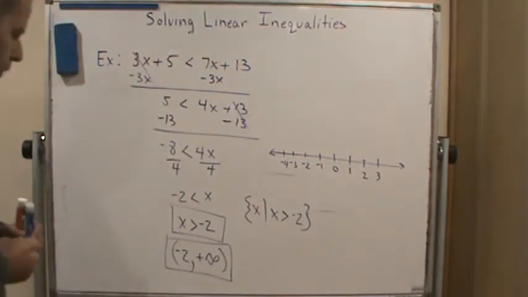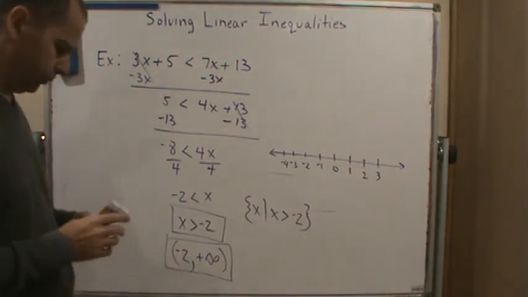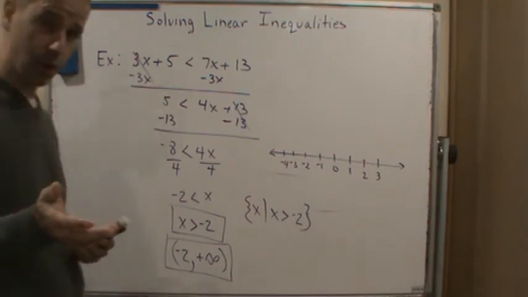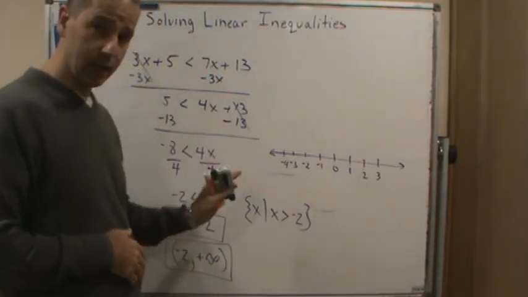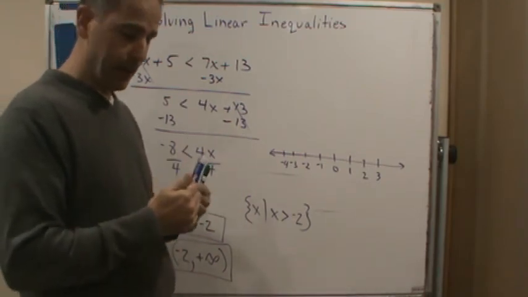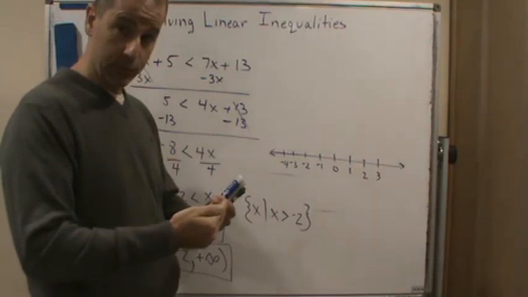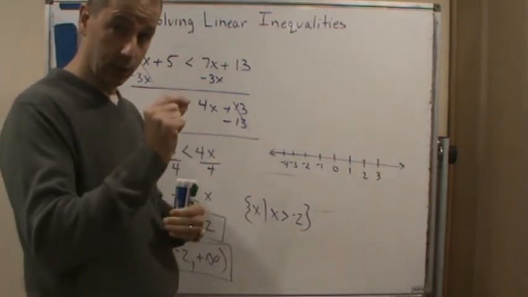Okay, so again, we're not including negative 2. Before, I showed you with an open circle. If we're not including the endpoint, then we could use an open circle. If we are including the endpoint, then we use a closed circle.